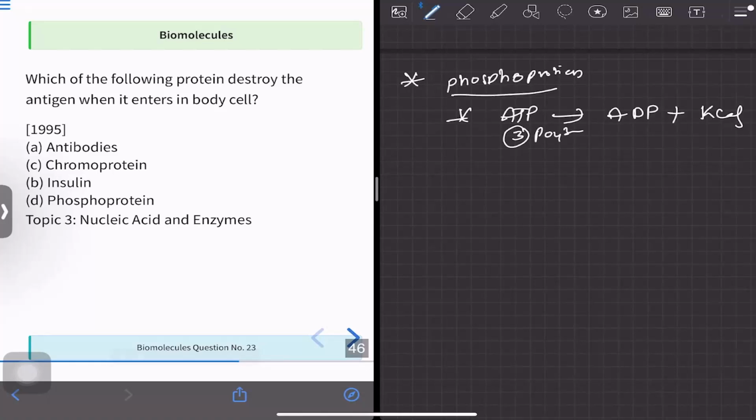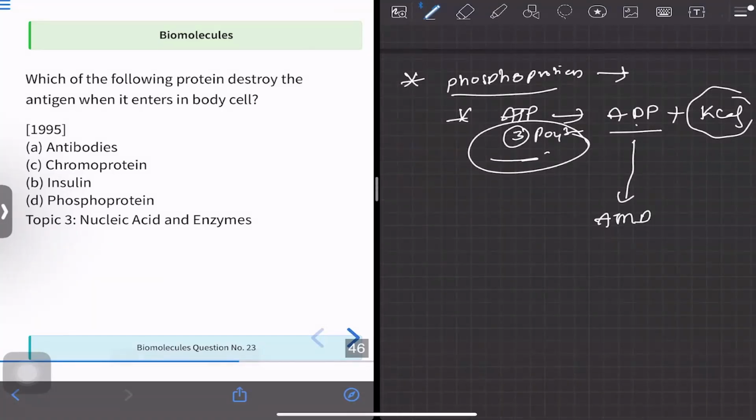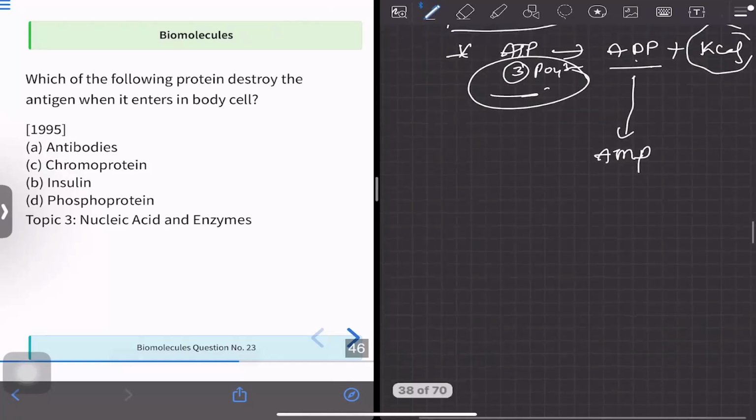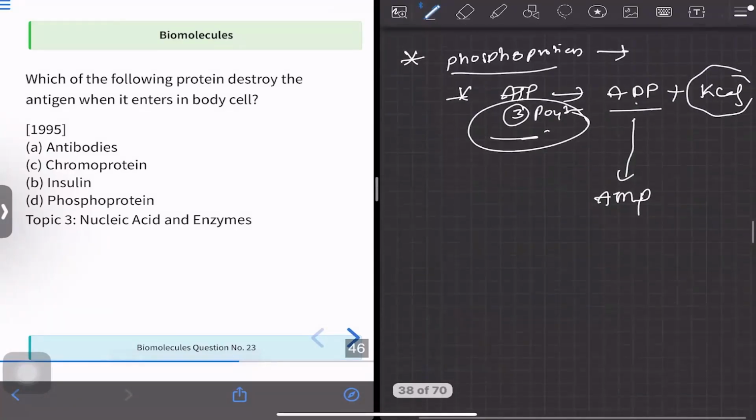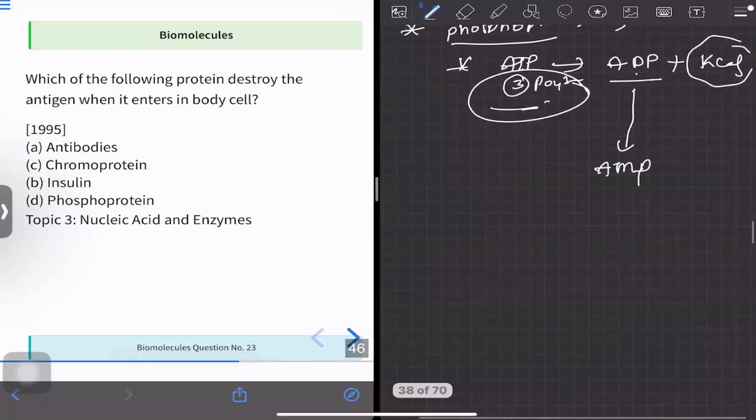ATP contains 3 phosphate bonds. After hydrolysis of one phosphate, it produces ADP. After hydrolysis of one more phosphate from ADP, it produces AMP: adenosine triphosphate to adenosine diphosphate to adenosine monophosphate. So the answer will be antibodies.